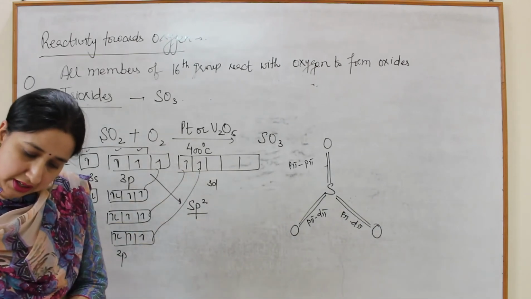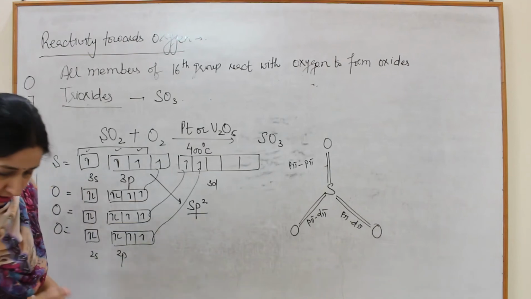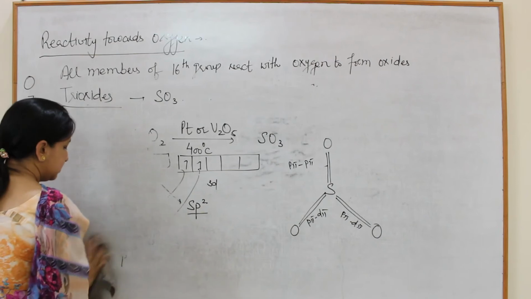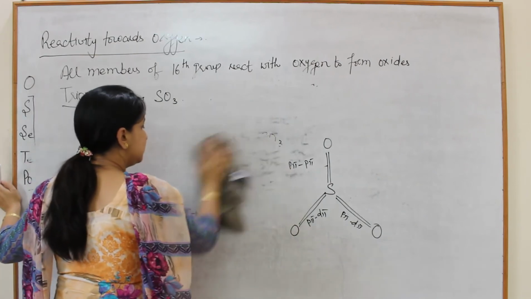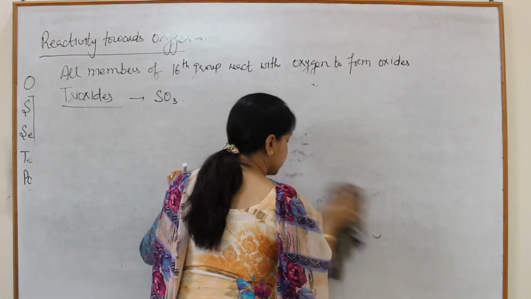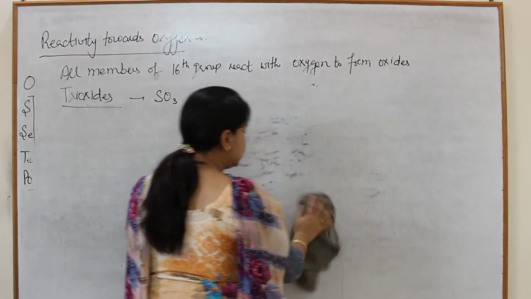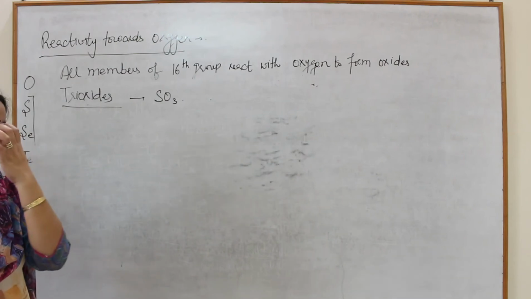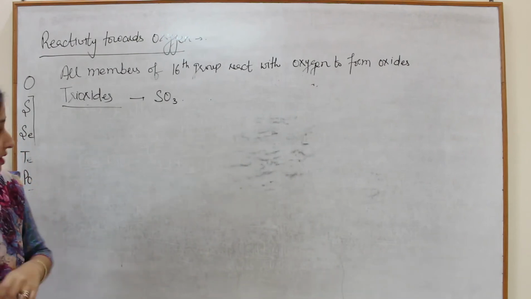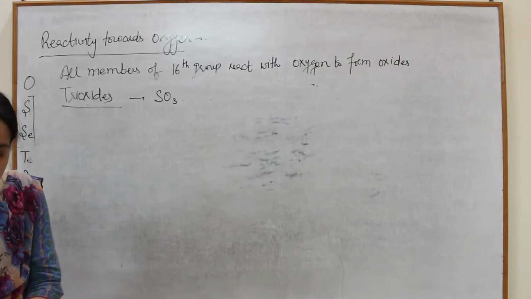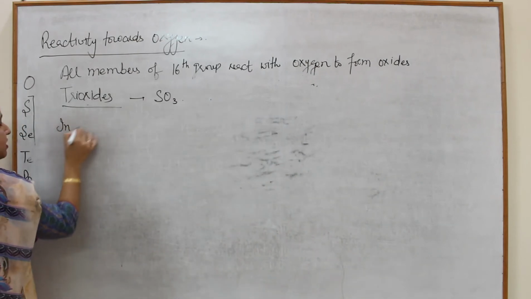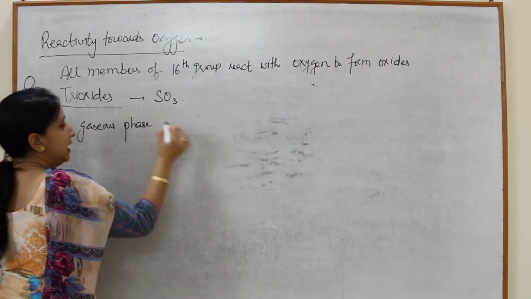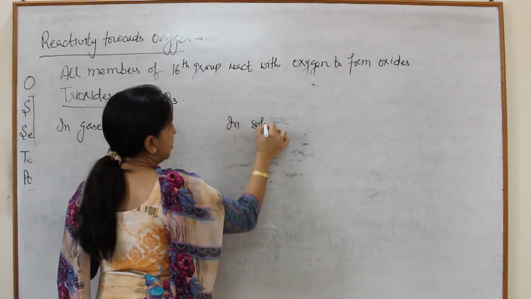One important thing about selenium is that in the vapor phase, meaning in the gaseous state, selenium has a similar structure, but in the solid state it occurs as a tetramer. Similarly, sulfur, for example, in gaseous phase and in solid phase.